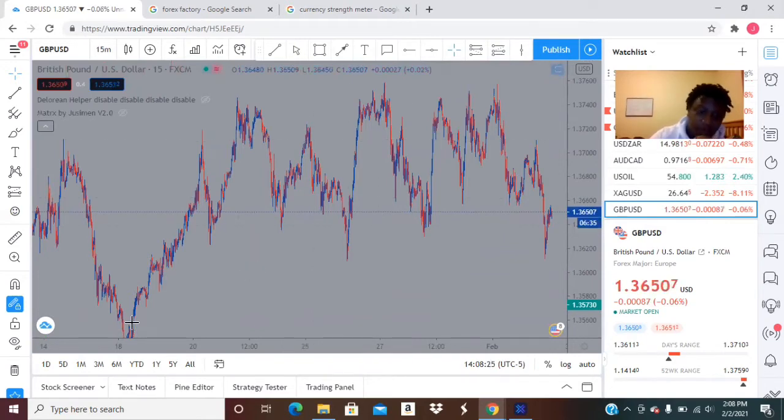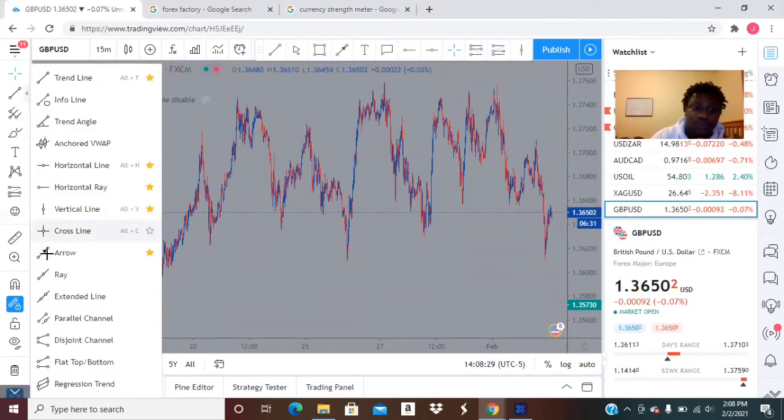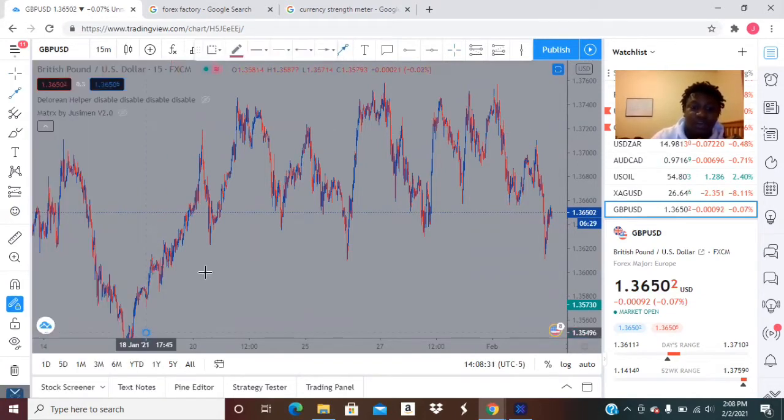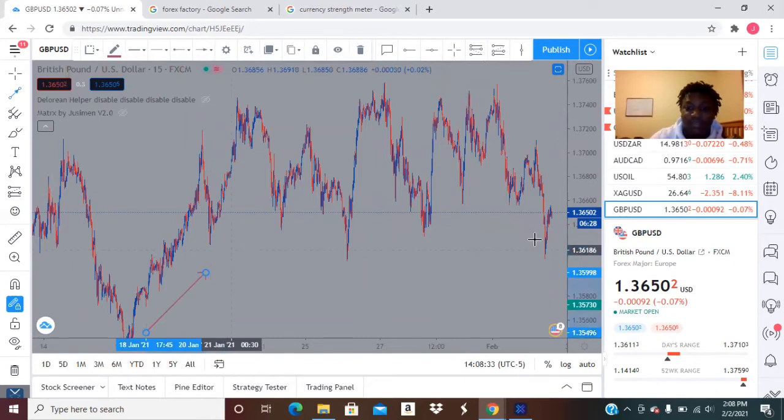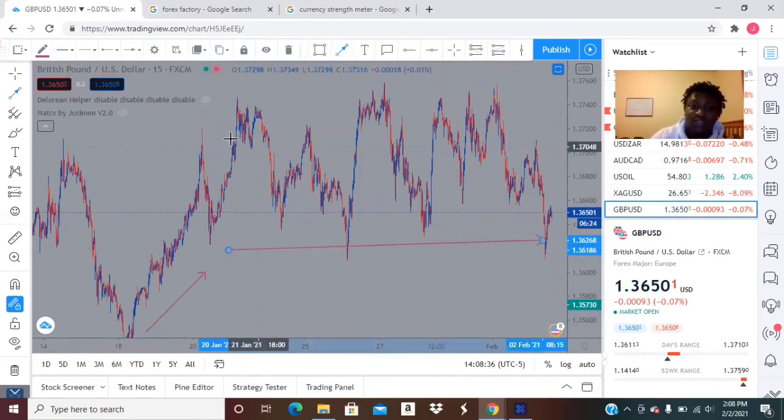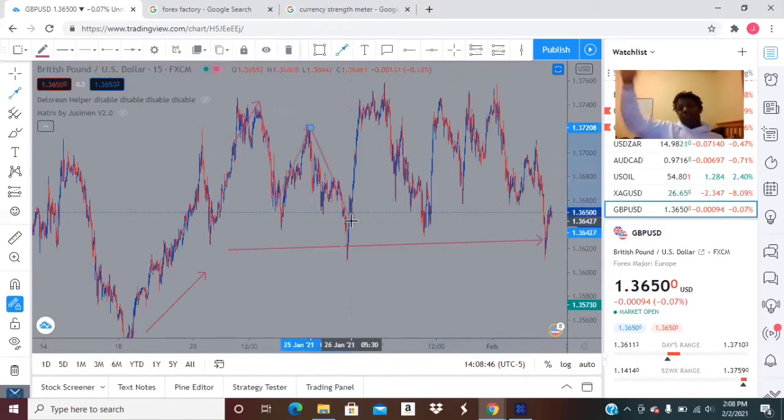Now, you see how the market went up here. Let me go ahead and draw it. It went up here, and right here it went sideways. This is called consolidation. Whenever you see the market doing this type of movement, not really going up or going in a downward formation, it's called consolidation.